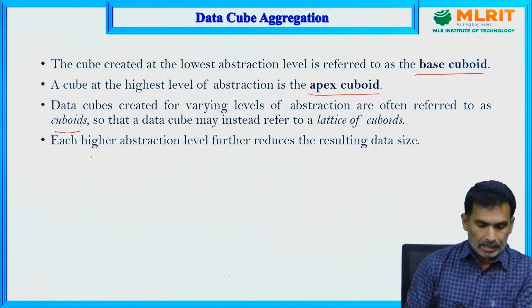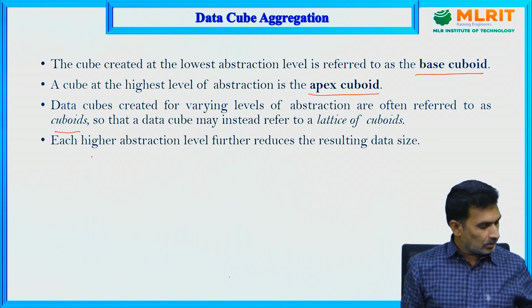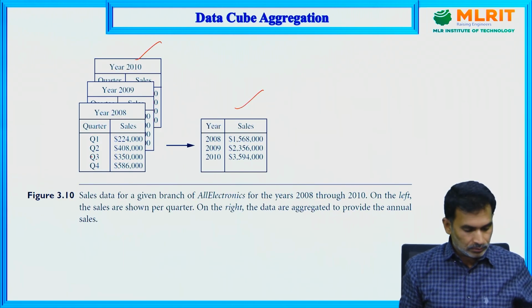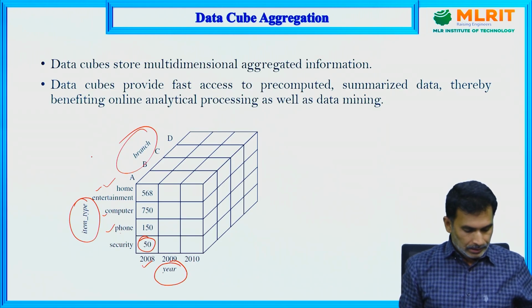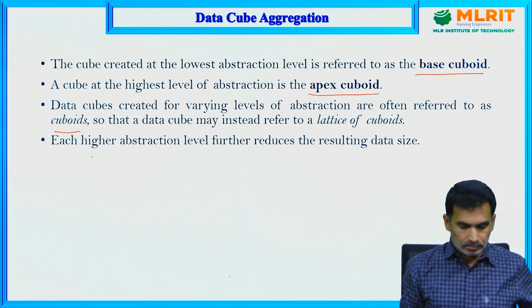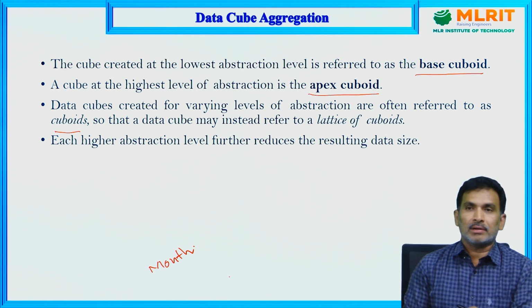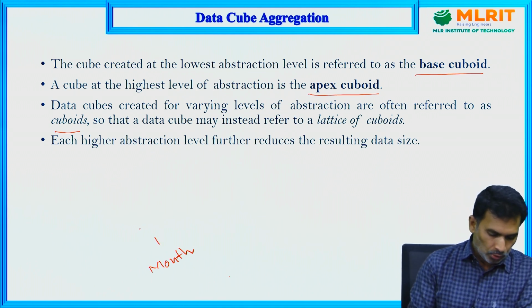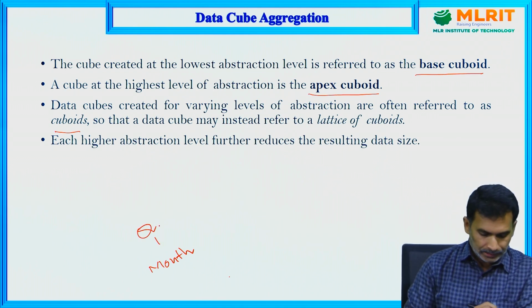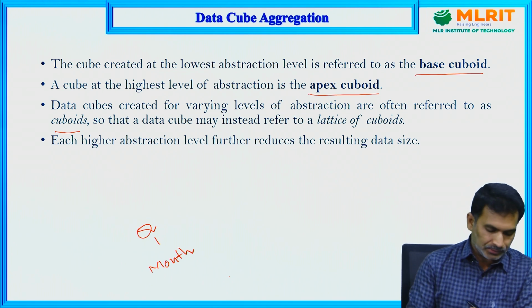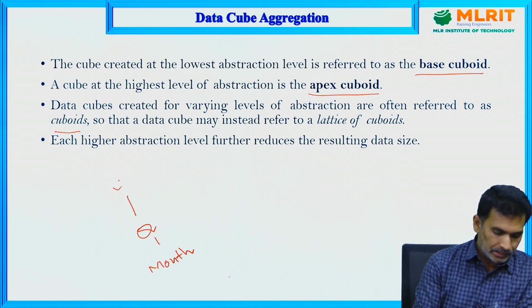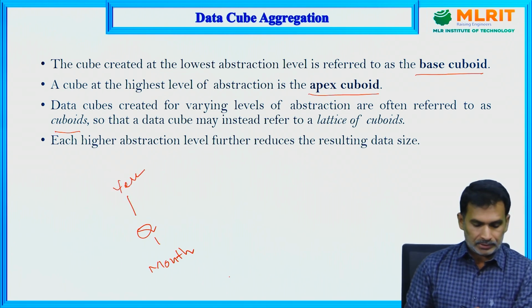Higher abstraction levels means, if you come back to this example, month is a lower level of abstraction, then quarter is the next higher level of abstraction, and year is the highest level of abstraction.